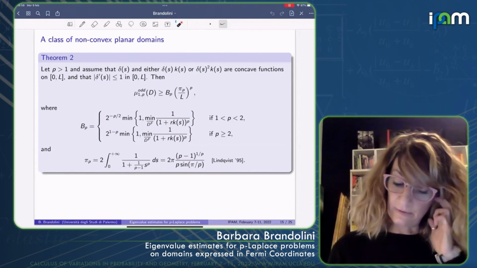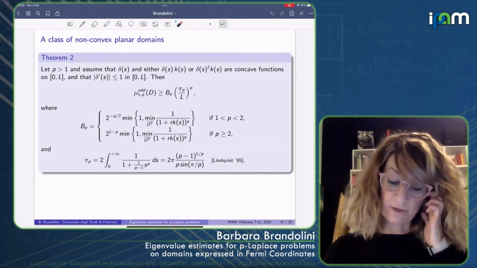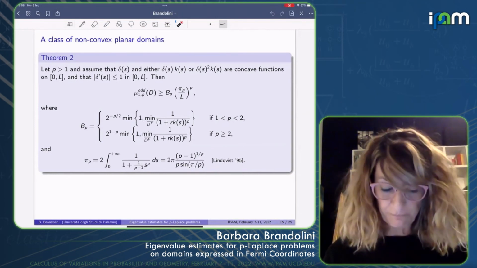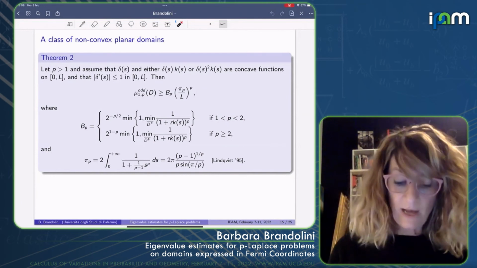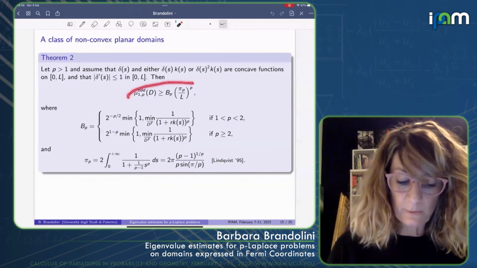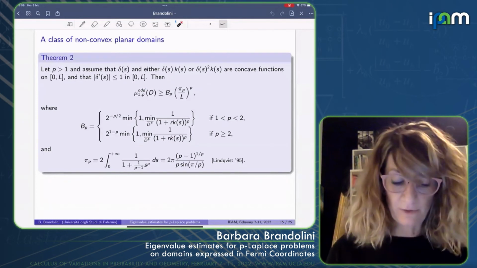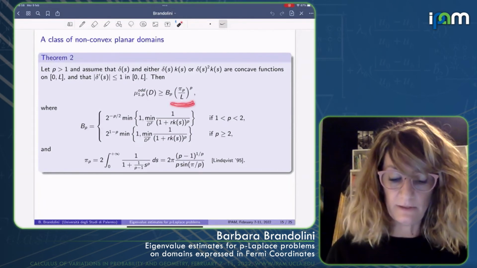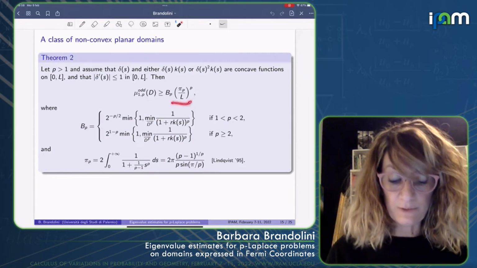This is a paper about the functions cosine p and sine p. Somehow this is an estimate which reminds of the Payne-Weinberger inequality, but it also holds, I stress it, in a non-convex setting.